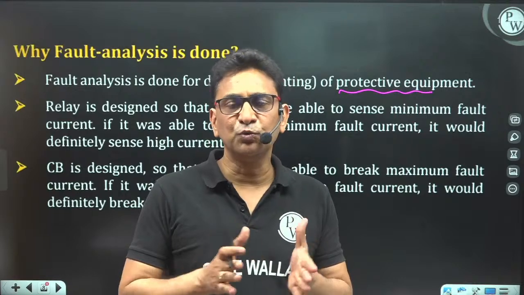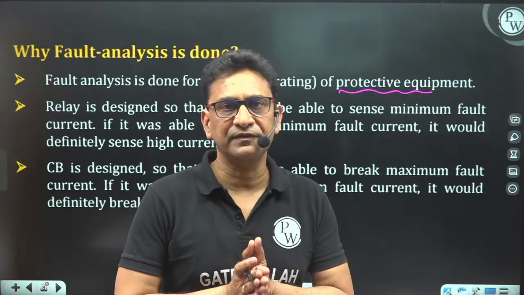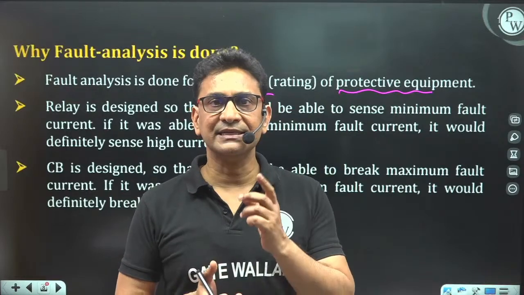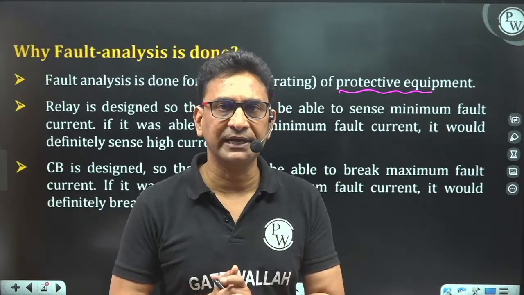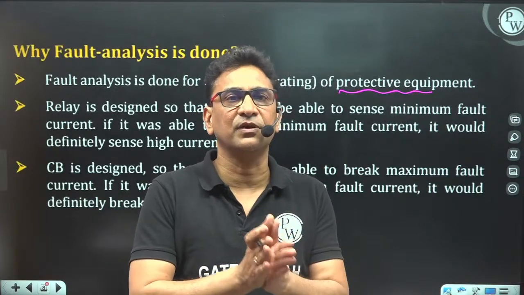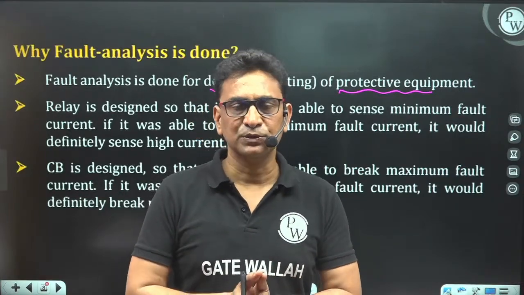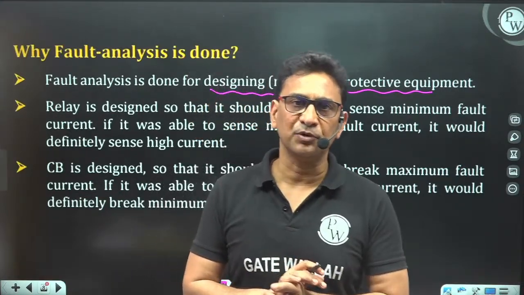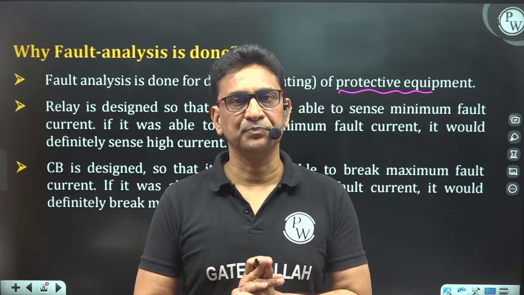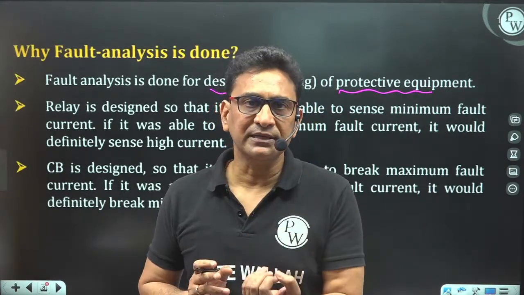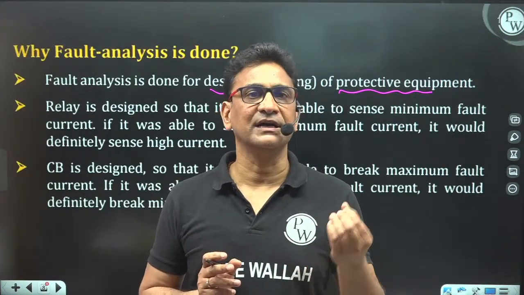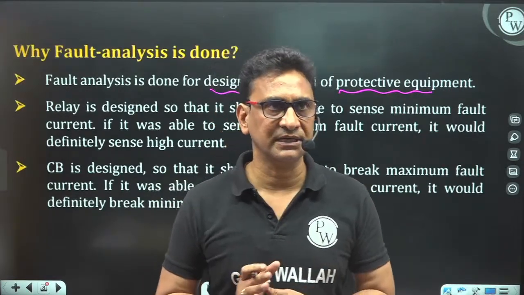The two main components of this protective equipment are the circuit breaker and the relay. Relay senses the fault and whenever the fault takes place, the circuit breaker isolates the faulty section from the normal section. So by doing the fault analysis, we will find out the rating of the relay as well as the circuit breaker.